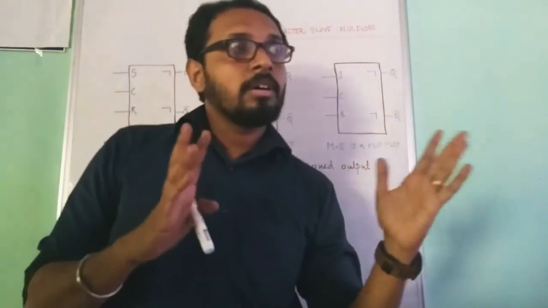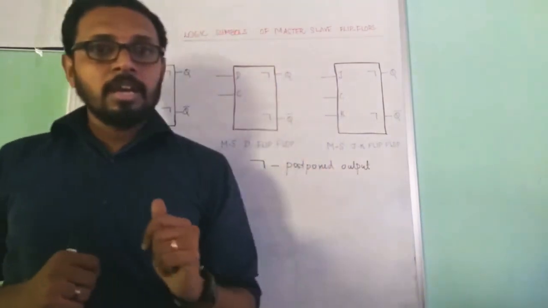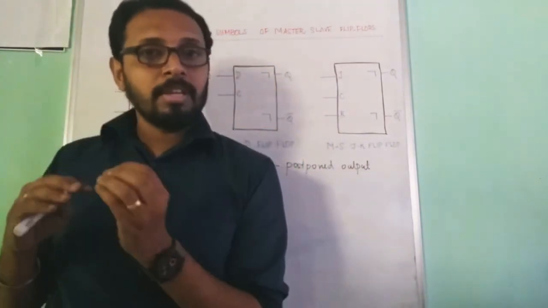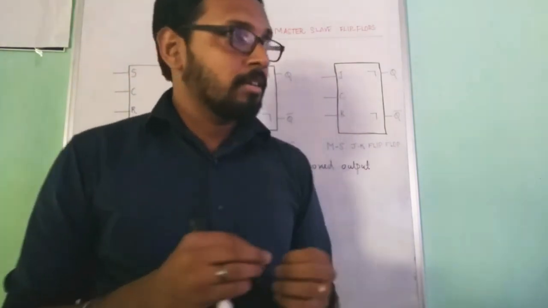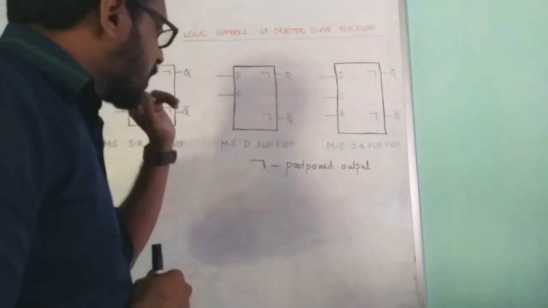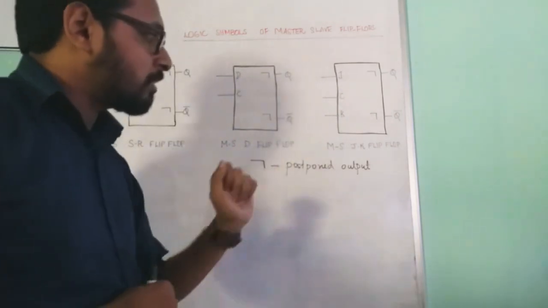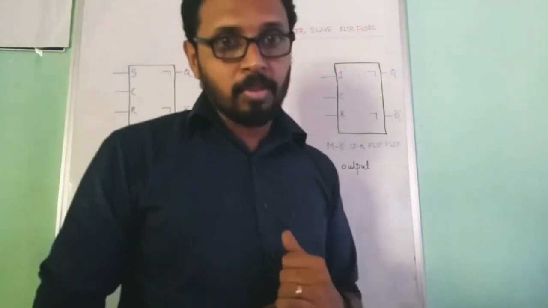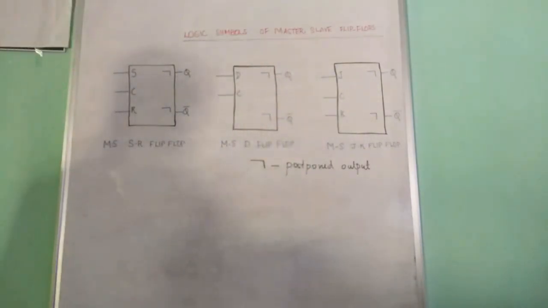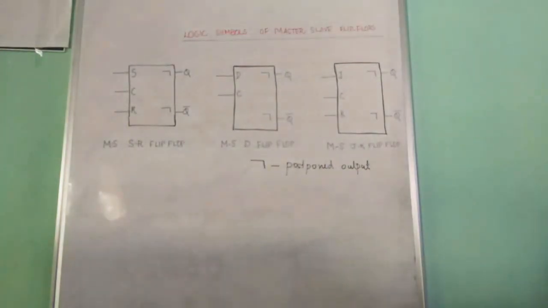So when compared to the previous cases, in order to show that it's master slave, the output we obtain will be of a postponed kind. So we should say that this symbol shows the postponed output. Please go through the postponed output symbol.